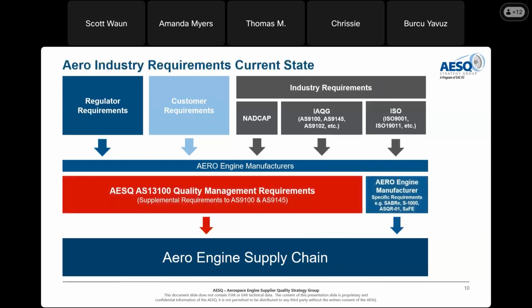Going forward, we continue to work to improve on this, but we're working towards coming up with a common quality management set of requirements that we can flow down to our engine supply chain. And we still have some customer-specific requirements, and those are due to regulatory differences mostly.